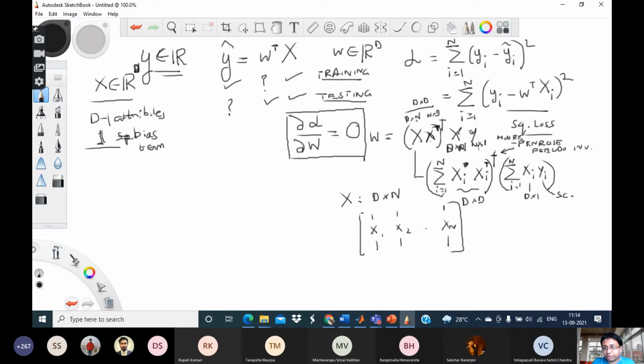This part becomes d cross 1, and I can write it as X X transpose whole pseudo inverse times X y. So these two things are the same: this is the vector notation, this is the matrix notation.